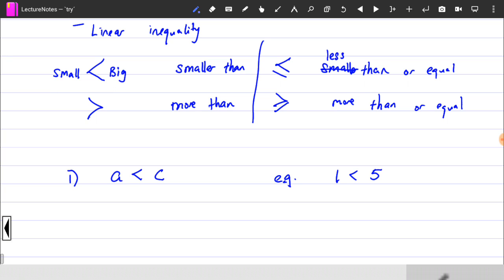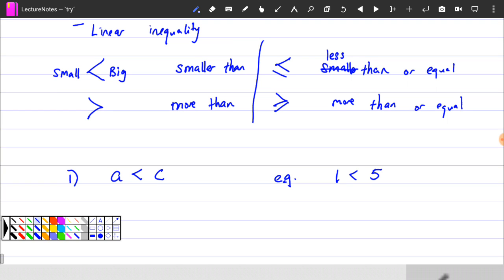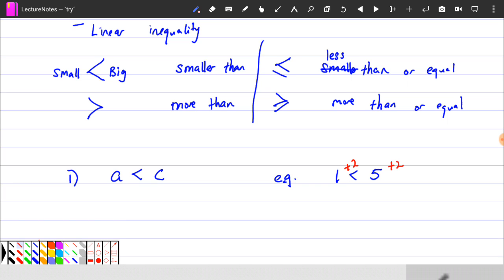Now, what happens when I add the same number at both sides? Example, if I plus 2, I plus 2, is it still the same? Yes, right? So then the second rule says, if I plus B, A plus C is less than B plus C.